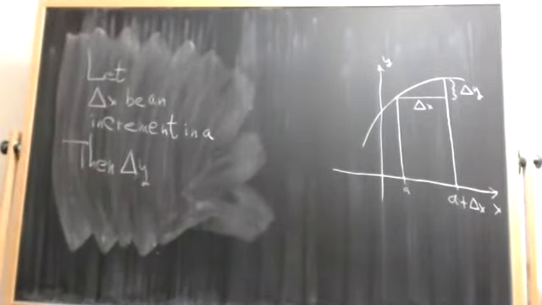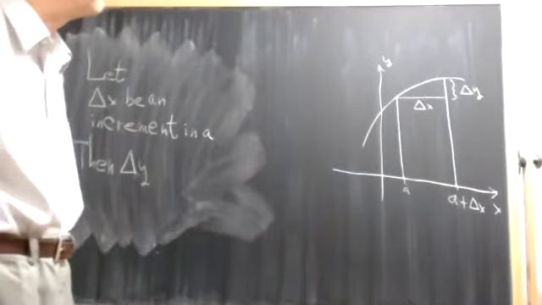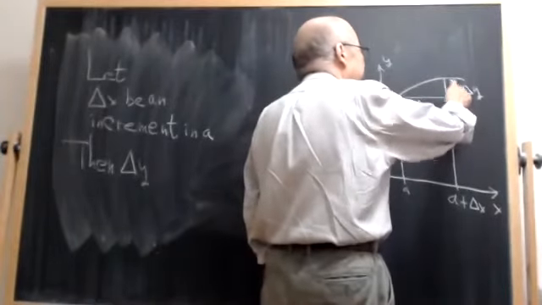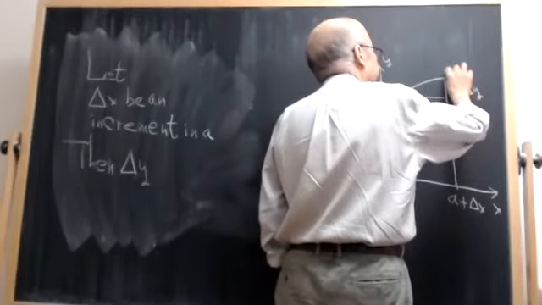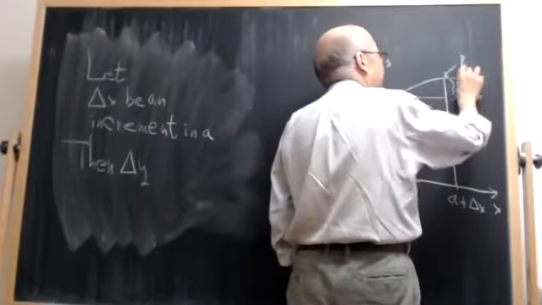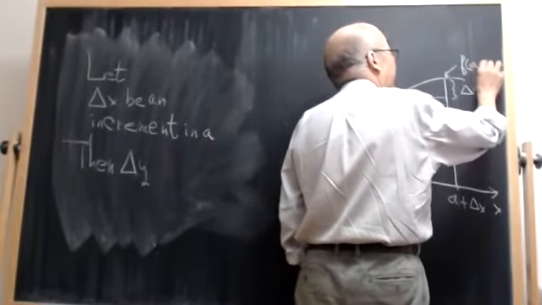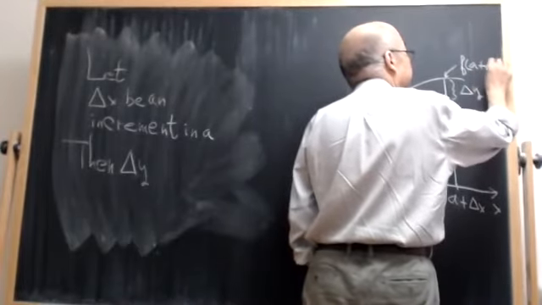Then what about the change in y? Well, the change is here. So it's this point, which is f of A plus delta x.